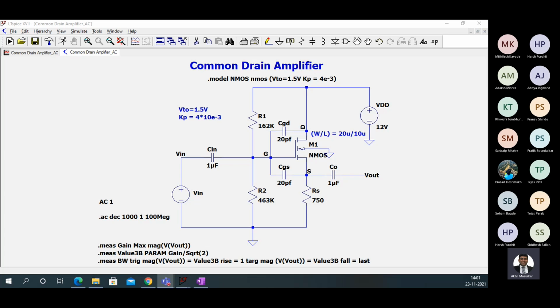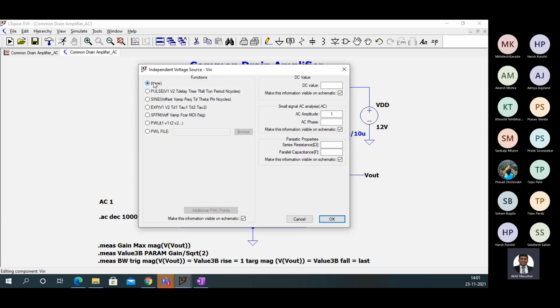What error are you getting? So you click on this source, make it none and put your AC amplitude as 1. So what you have done is, you can see in the circuit, give it a sign.